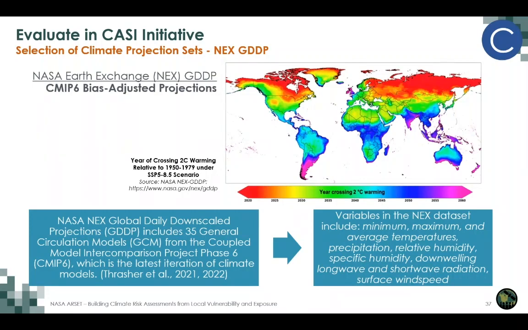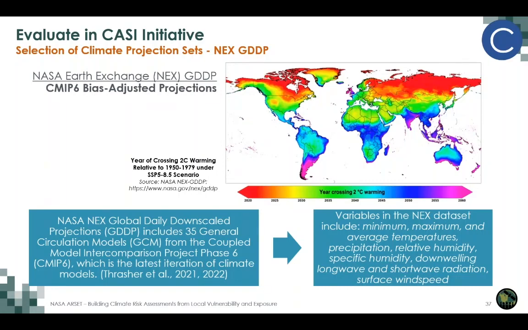You can see in the upper right the resolution of these types of simulations, and here we're looking at the year in which the local temperature change exceeds 2 degrees Celsius compared to the 1950 to 1979 period, under a high emissions SSP5-8.5 scenario.